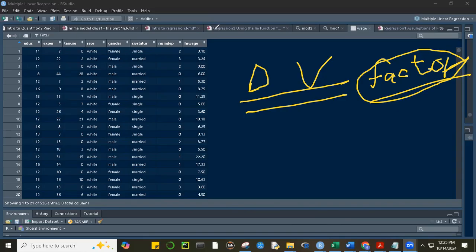All right. So, Pau, may sinabi si Pau, no? Pau, can you please share your answer to everyone here? Paki-explain mo what you mean by male as the reference variable.